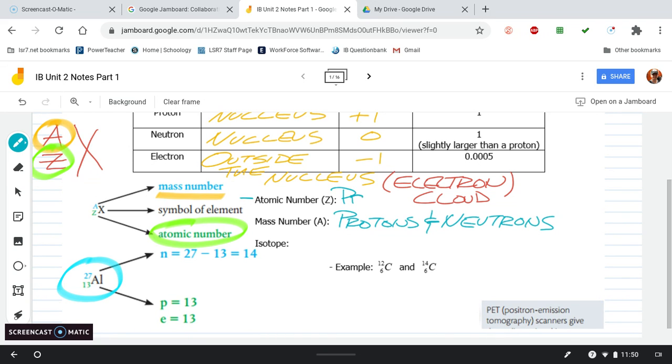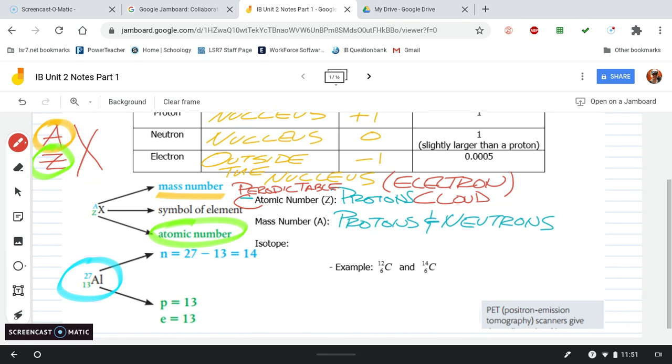I guess you could write that in like that. You can probably also write that you're going to get that from the periodic table. That might be useful to know.